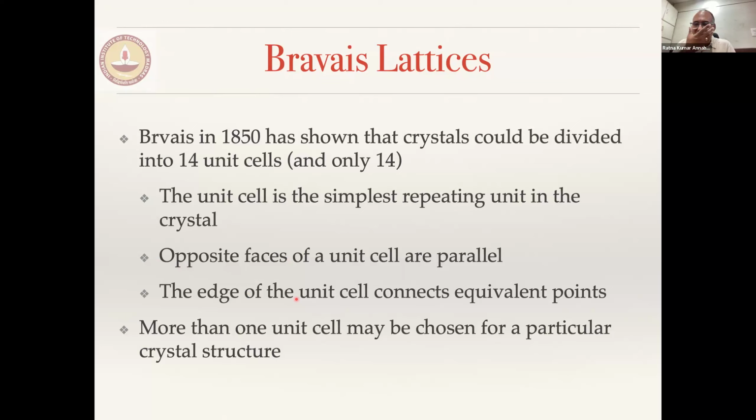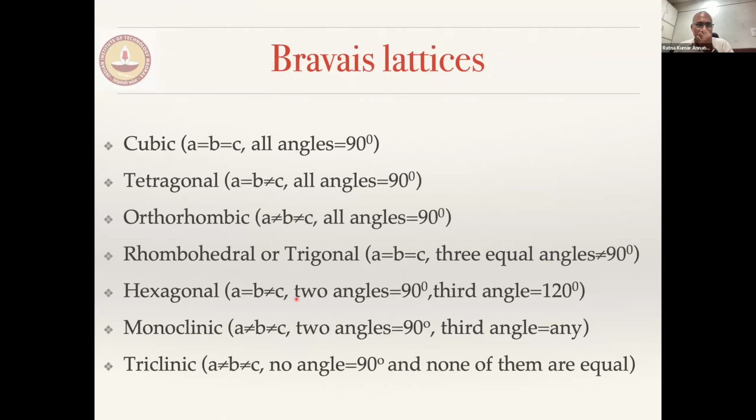And we have also seen in yesterday's class that it is possible to have more than one unit cell for a given crystal structure. However, the convention suggests that you choose the smallest unit cell with the highest level of symmetry. That is how you choose when you say that the crystal has such and such unit cell.